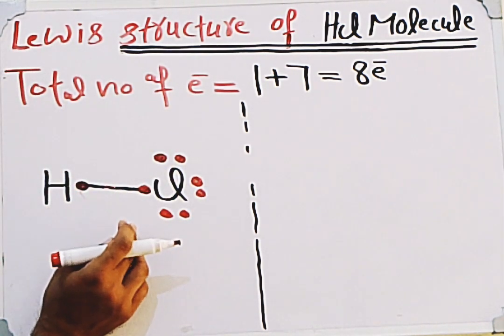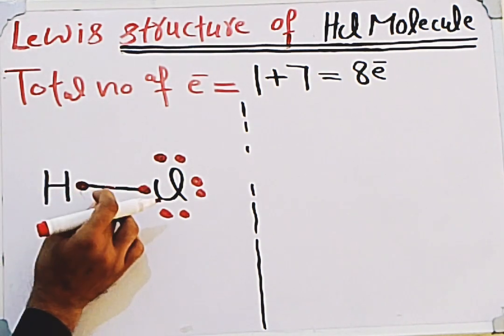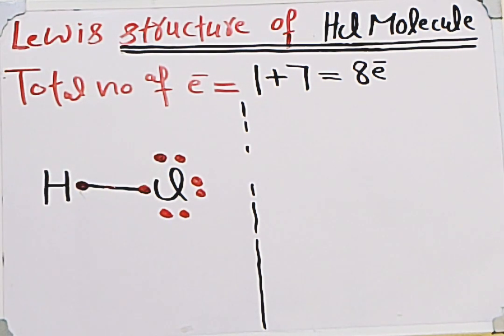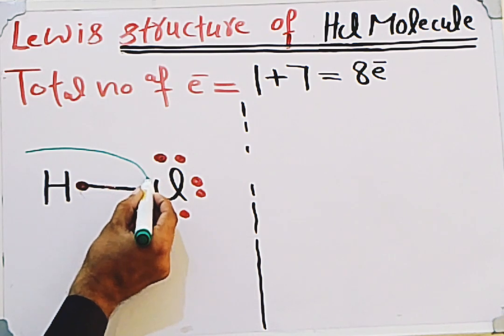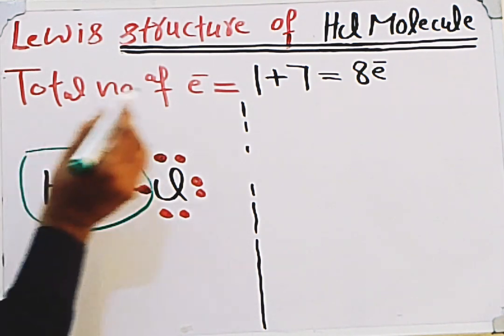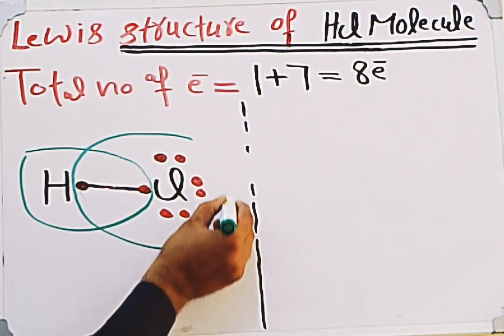In this way, chlorine completes its octet and hydrogen completes its duplet.